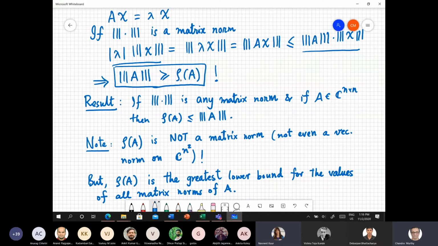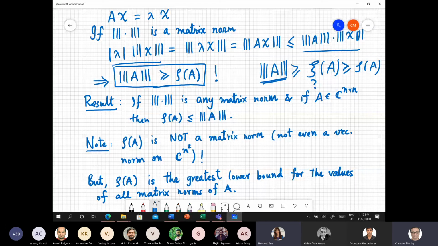That is, instead of rho of A, maybe you can find some other function zeta of A, such that norm of A is greater than or equal to zeta of A, and zeta of A is greater than or equal to rho of A. Can you find such a function that is an even better lower bound on any matrix norm you can define on A?